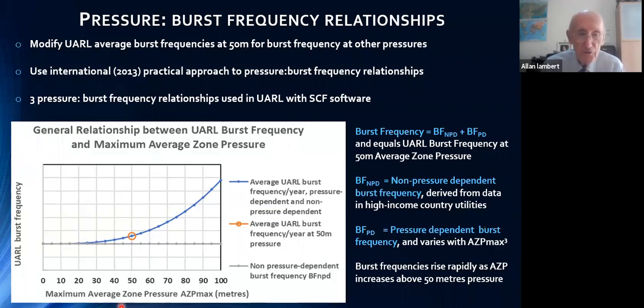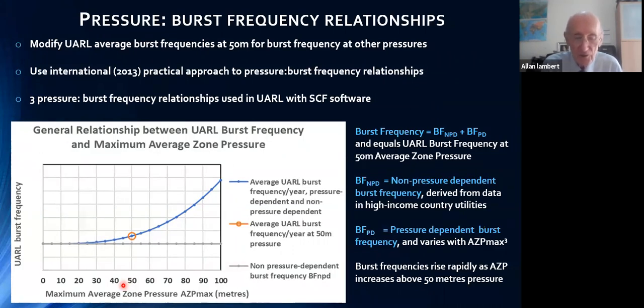What I did to get this curve is I used good quality data before and after pressure management in large zones, really large zones, during the Australian Millennium Drought in 2000 to 2011 to get this generic form of relationship, which was published in 2013.